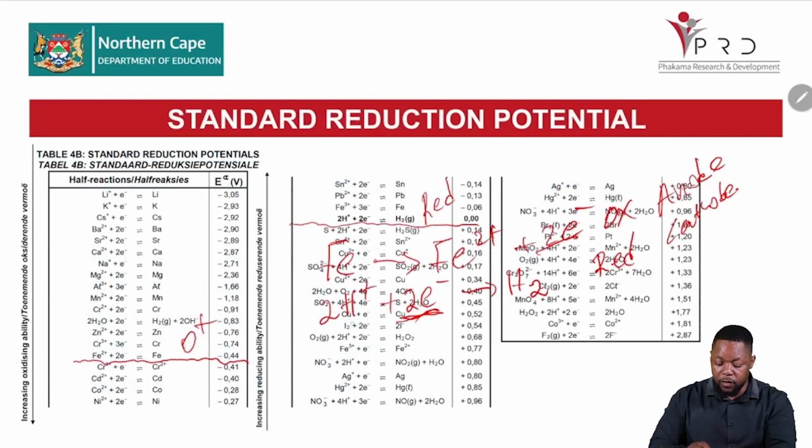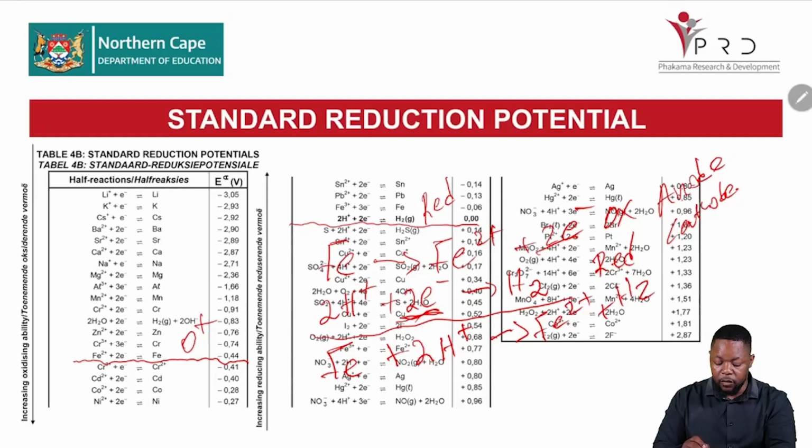Remember, the electrons are now equal. We are now going to say iron plus 2H+ yields Fe2+ and hydrogen. So that is our overall reaction.